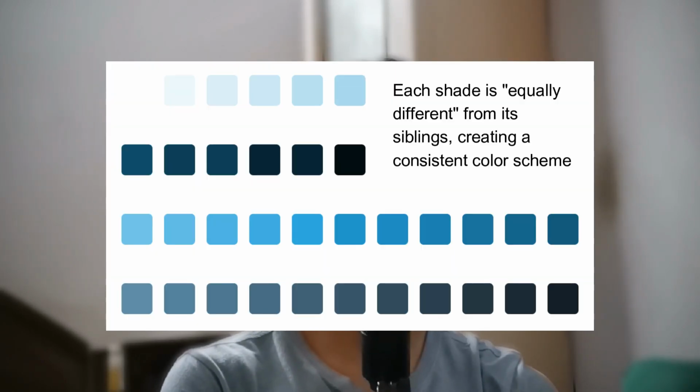Now, the thing with linear systems is that the difference between each value will be consistent. So each shade that you pick for a color will be equally different than all of the other shades, as opposed to an exponential system, which we usually use for things like typography and spacing, where the increments between each value start to get larger and larger. They get exponentially larger over time.